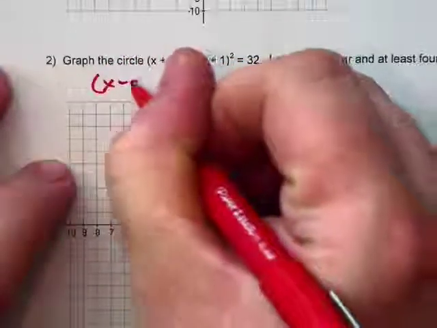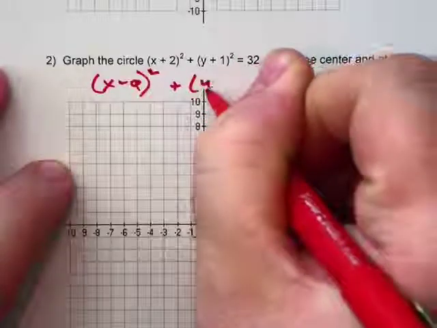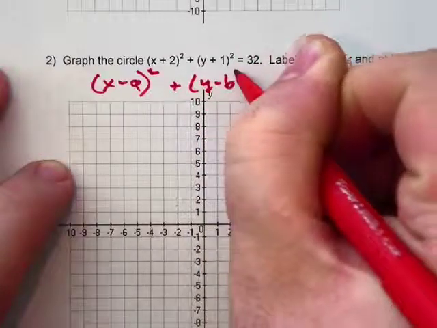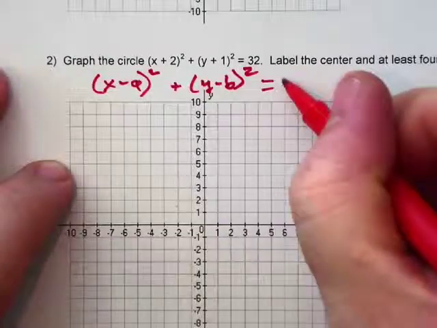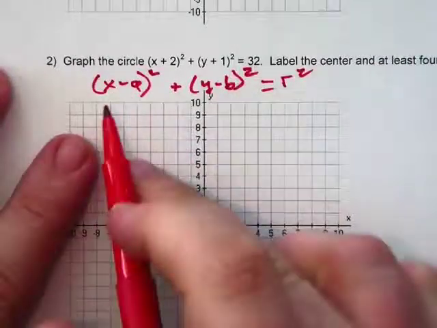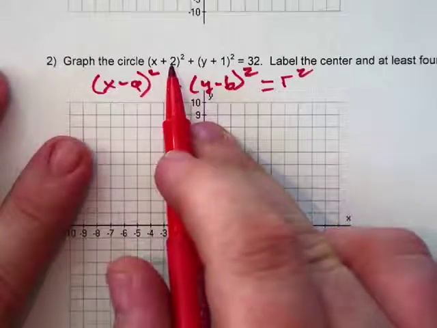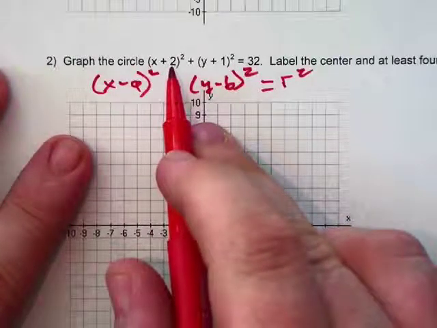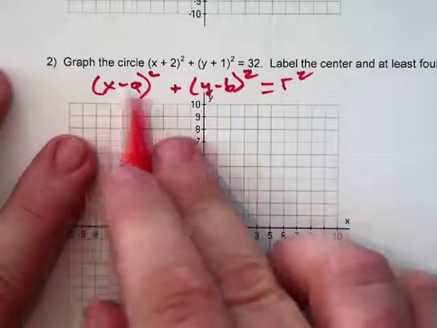(x minus a) squared plus (y minus b) squared equals r squared. We want minus a. Is that minus a? It's not. That is plus 2. So how can we change it so that it looks like a minus a?